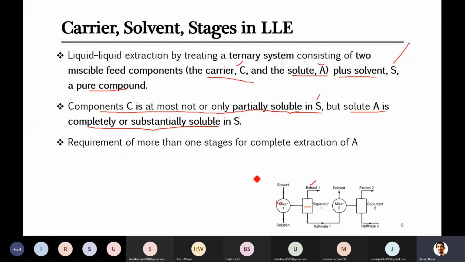So the design majorly involves the calculation of the number of stages required for a specific separation. If the separation required is less, for example if you don't want very high purity, then the stages will be fewer, otherwise you will need more.